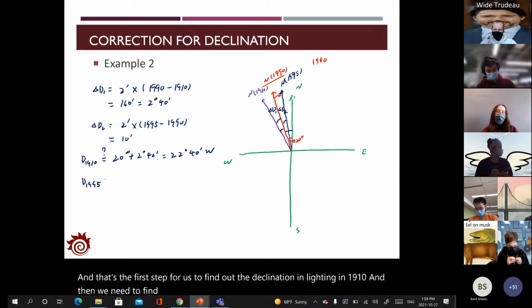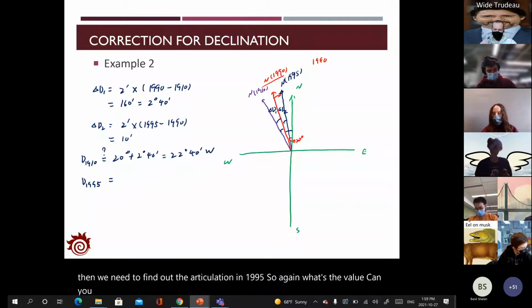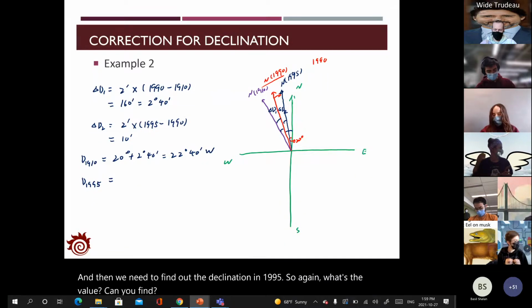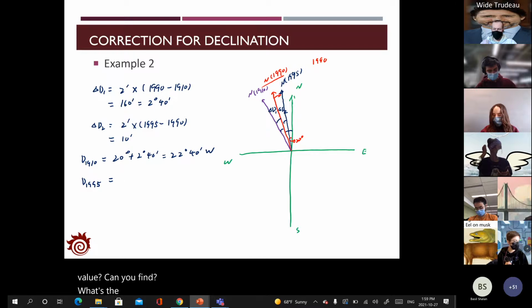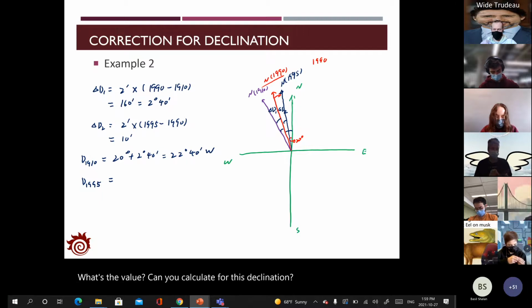So again, what's the value you can calculate for this declination? I think I can quickly give you the result. So we know this one is 20 degrees and this one is 10 minutes.